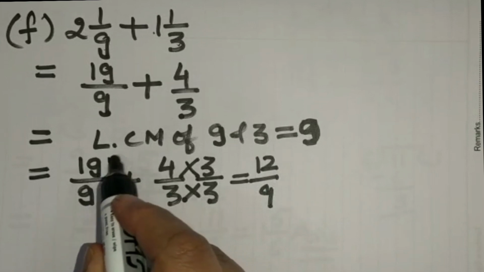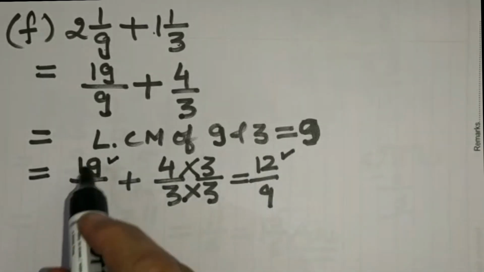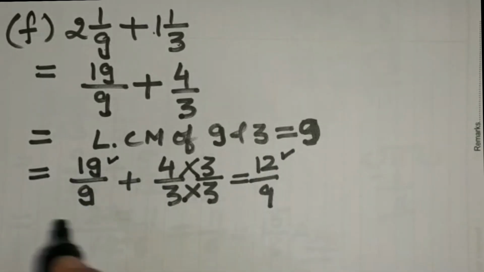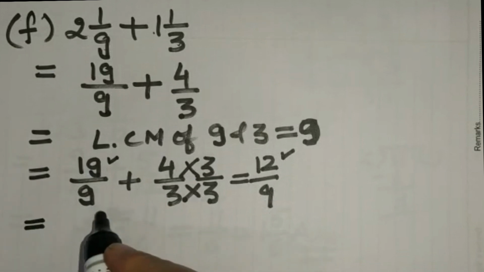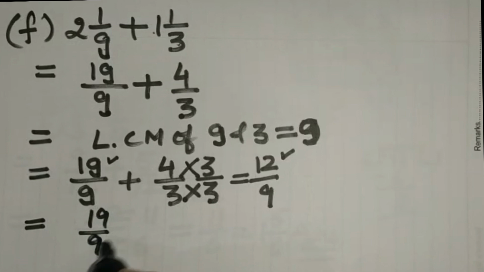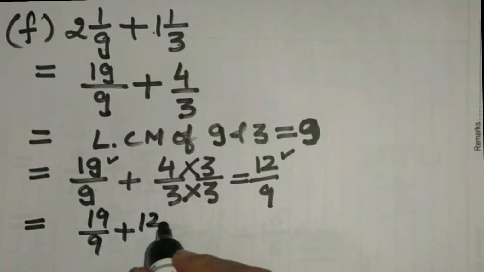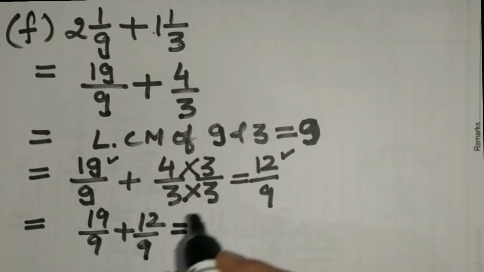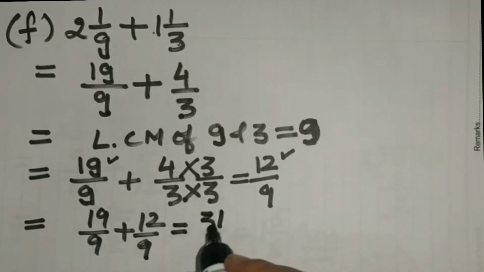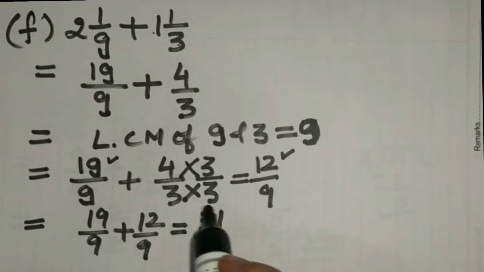So here is one fraction 19 upon 9 and the second fraction 12 upon 9. So we add it, 19 upon 9 plus 12 upon 9. So what do we get? 31 upon 9.